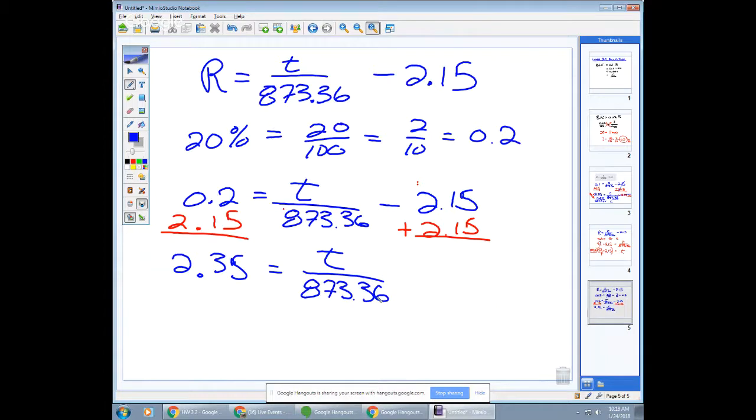What do we do next? Get rid of division, we multiply, right? So we go times 873.36 on each side. The whole point is multiplication and division cancel, leaving just a t, and now I just have to carry out that multiplication. And I think when we plug that into our calculator, again, we're going to get 2052.